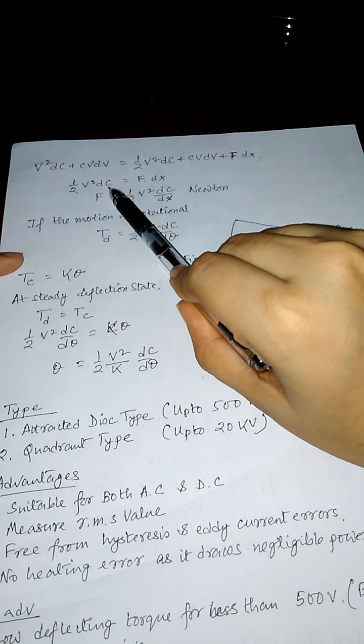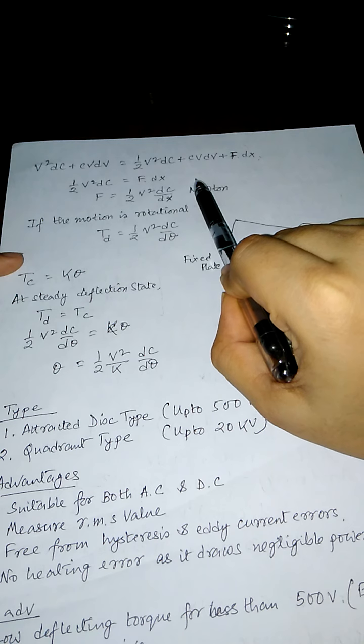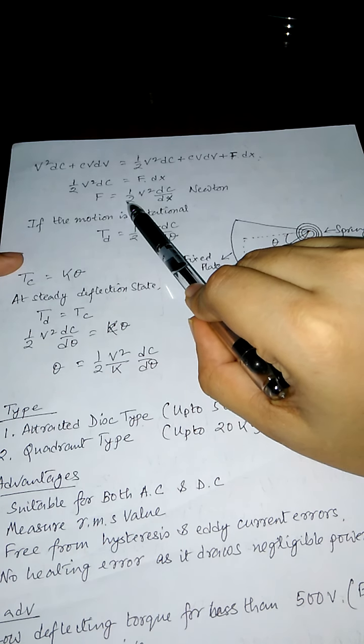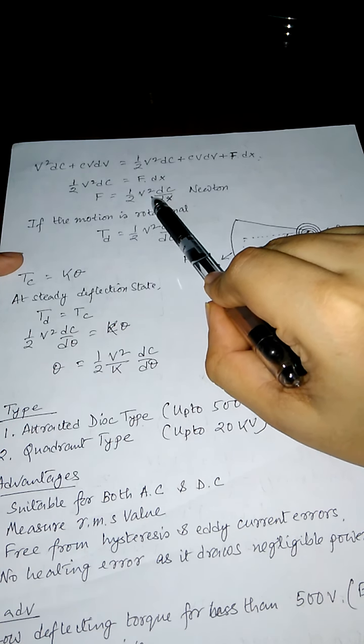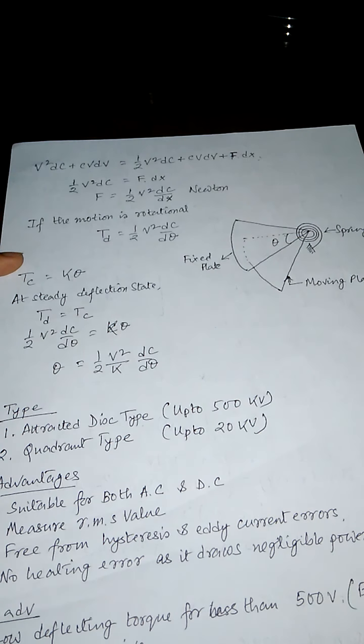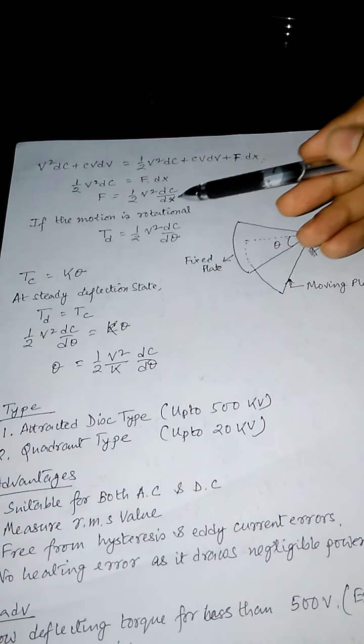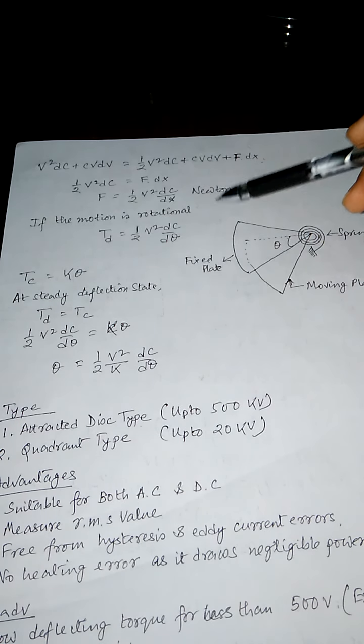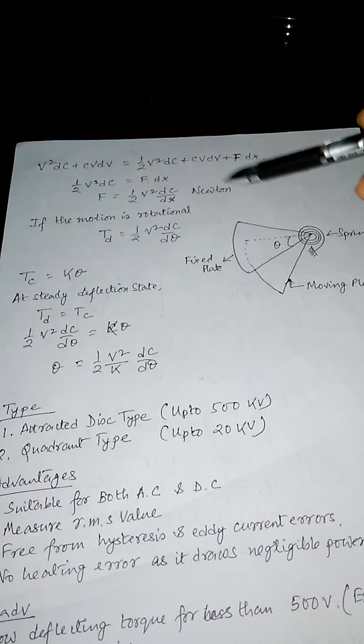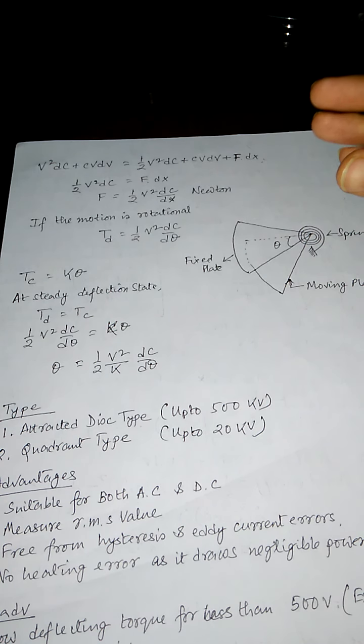So half V square dC equals F dx. So what will be F? That is equal to half V square dC by dx Newton. So this is the actual attraction force for which the moving plate is going towards the fixed plate.